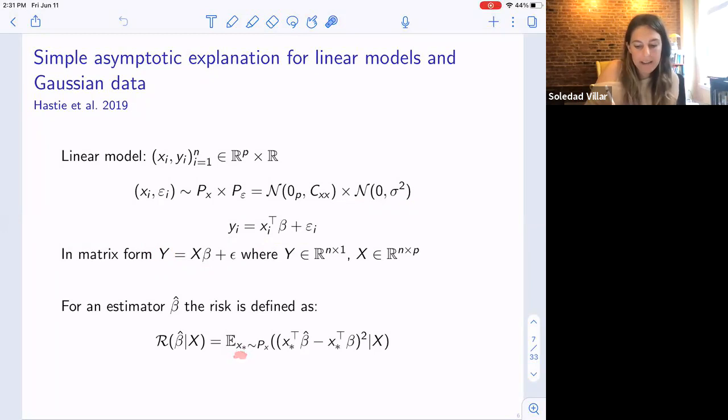The risk of the estimator, the out of sample prediction error, is the expected value, for a point sampled from the test set, something that it hasn't seen and hasn't been used in training but comes from the same distribution, of the prediction of my model minus the true expected value under this model, conditioned on the training data.